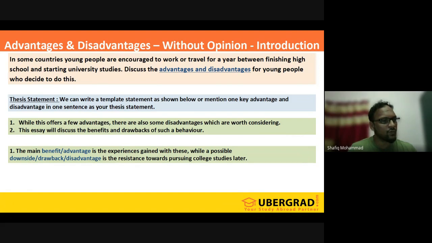And even for finishing high school, you've used the same phrase. So I want you to use a different paraphrasing. Okay. I'm going to explain the advantages and disadvantages. Check your spelling, guys, because spellings are very strictly checked. And also: some disadvantage for young people who can decide to do this in the following paragraphs.